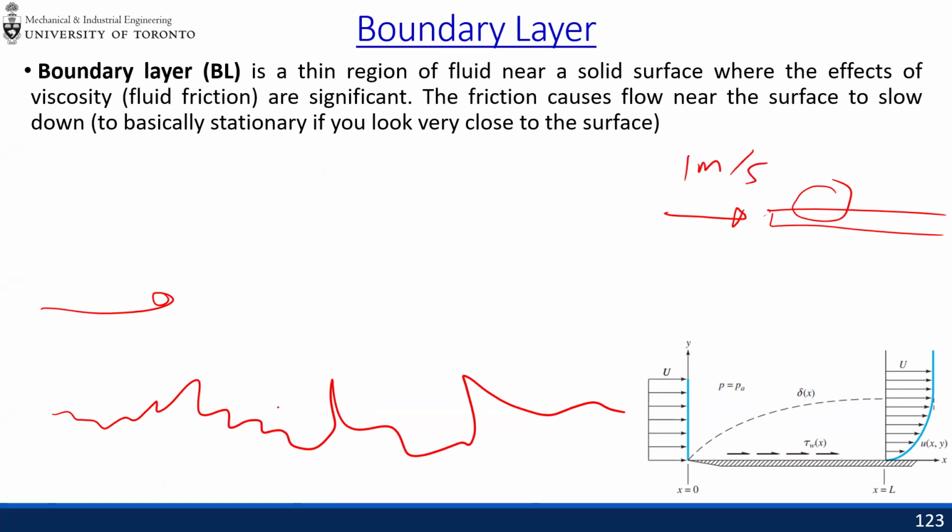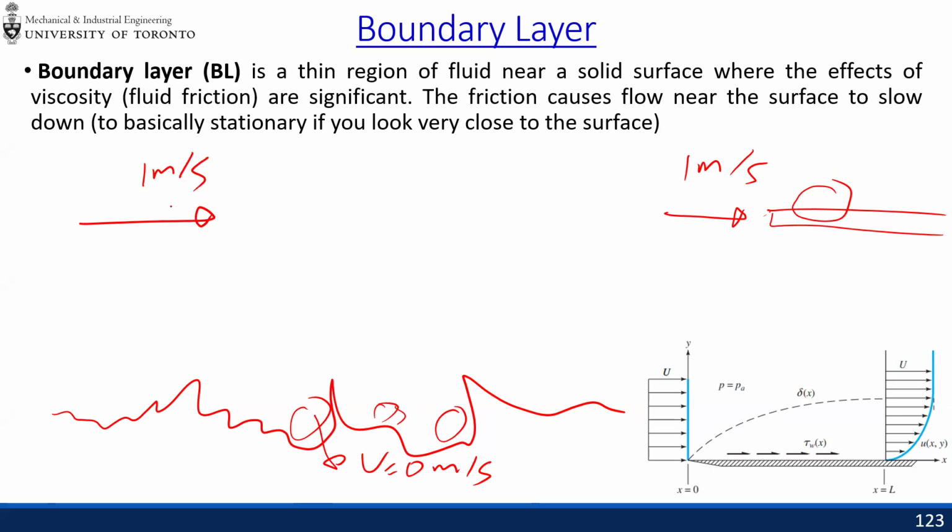Now, there are going to be some air particles here, but they get shielded, right? So they actually have a velocity of 0 meters per second, hypothetically, because they just move around. But if you move far enough out, you get 1 meter per second. So you have 0 and then 1.